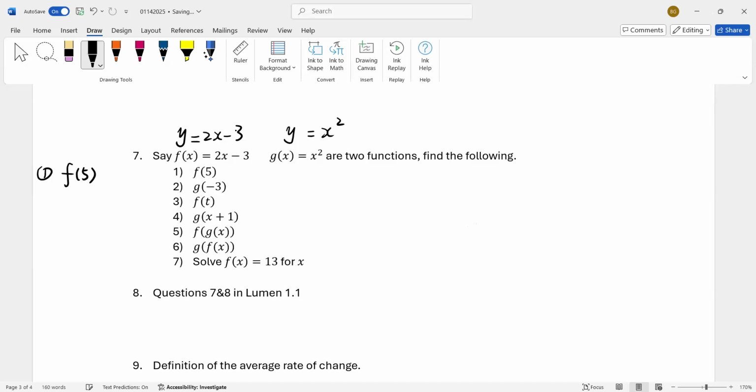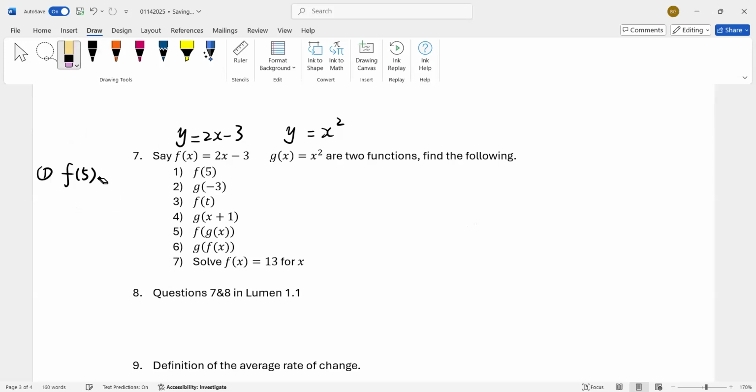So this means the output of a function f when the input is 5. This notation means the output of the function f when the input is 5.